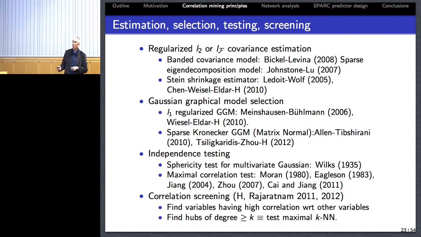Independence testing, correlation screening, all of these are different versions of the same problem involving estimating the correlation or the inverse of the correlation. As I showed you before, prediction, anomaly detection, and classification all involve estimating the inverse of the correlation, or equivalently the partial correlation, the normalized inverse. So you get a coefficient between -1 and +1 that characterizes the elements of the inverse correlation. That's called the partial correlation.